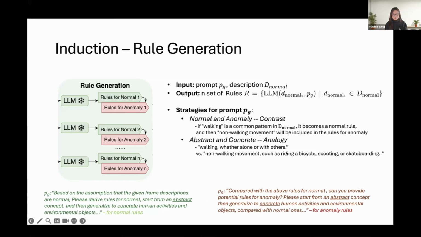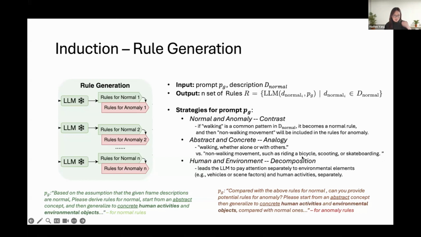We hope to leverage the analogy here to help the model bridge the gap between the abstract concepts and the unseen concrete examples. For example, there is no running listed here, but we hope that the non-walking movement can be a context to help the model handle the unseen concrete examples.